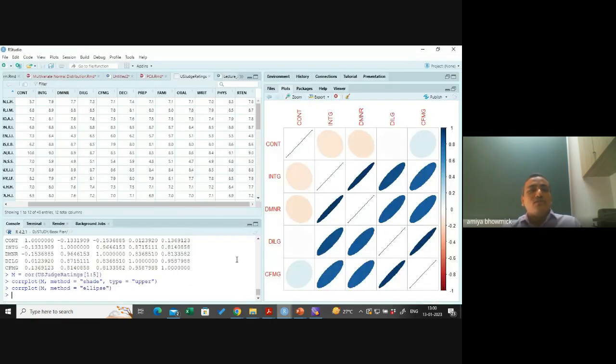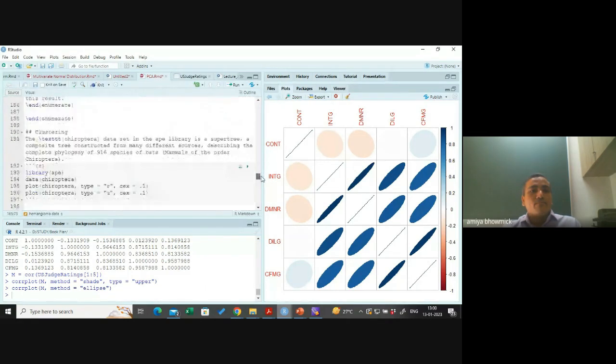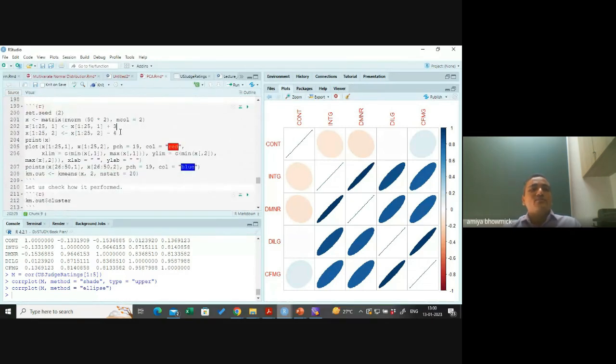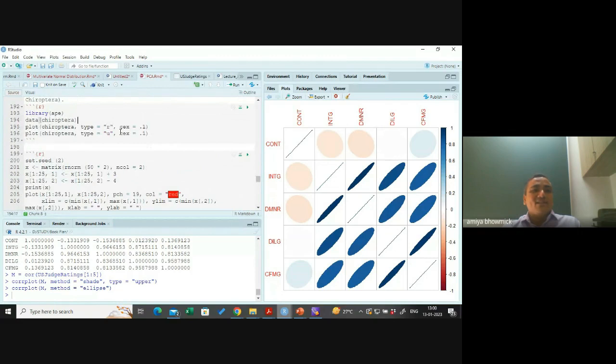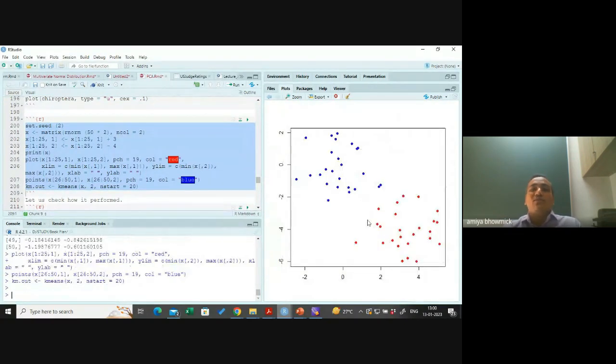So if you check over here, this is actually the simulated data. So we know what the clusters are. We have assigned the clusters on our own. So we know that there are 2 clusters only.